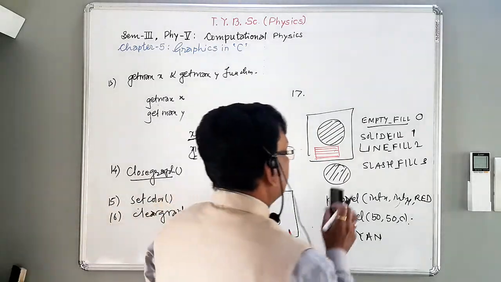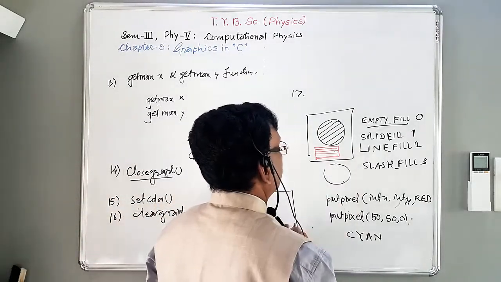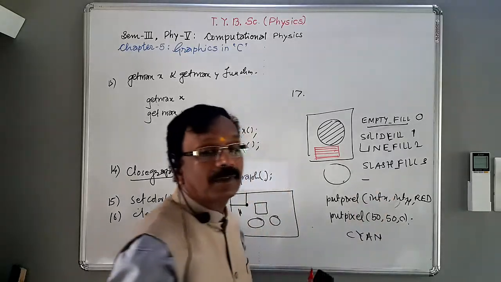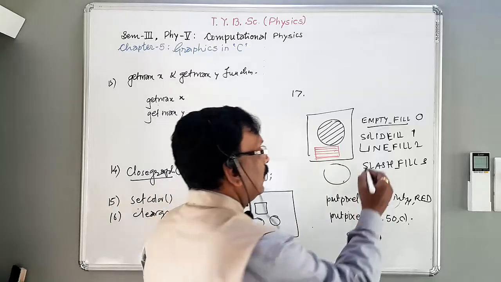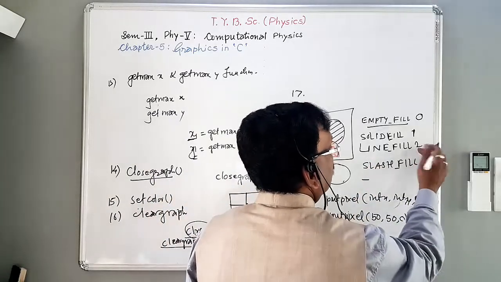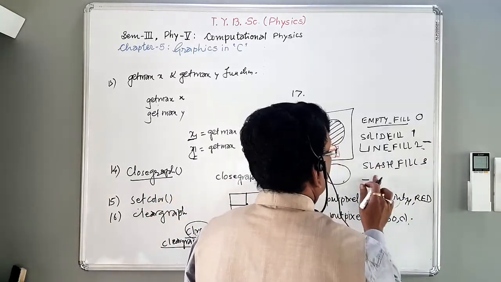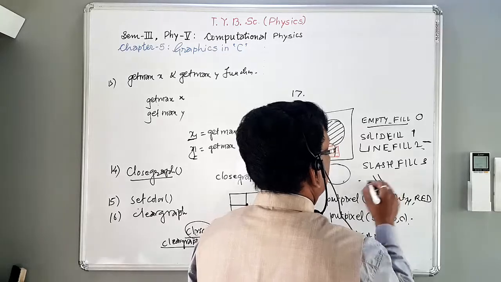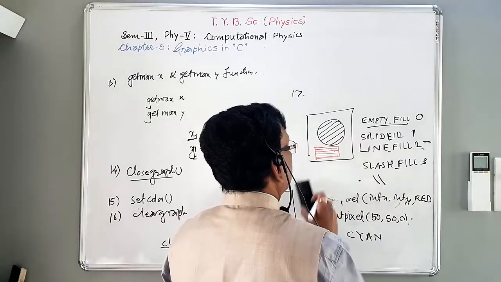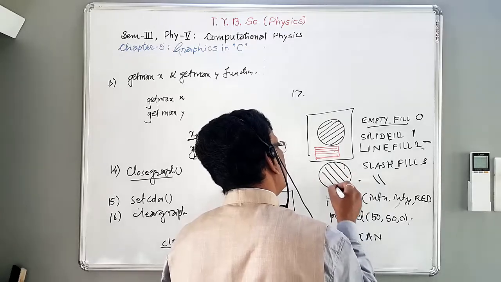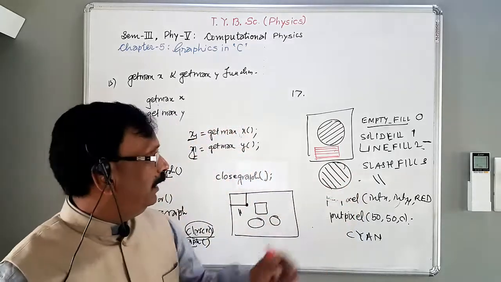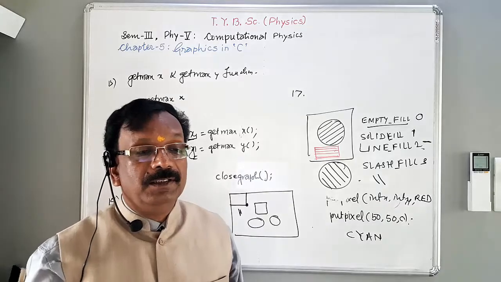In line fill we use underscore or simply this type of lines, and for slash fill, the figure is filled looking exactly like this. The figure is filled this way. Okay.